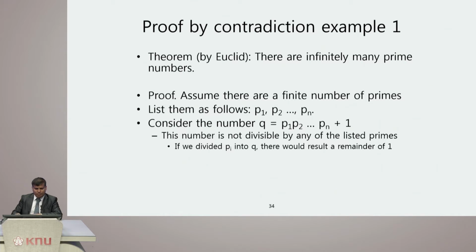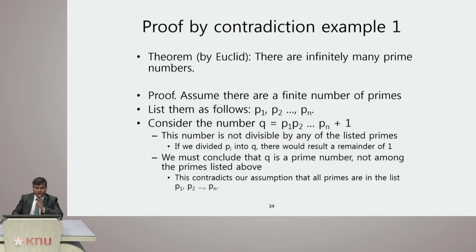If we divide Pi into Q, that would result in a remainder of 1, which means that Q is a prime number that is not listed in the primes that we have, that is P1, P2 till Pn. This whole thing contradicts our assumption that all primes are in the list. If you recall, we have just seen this same idea earlier when we talked about the prime numbers.